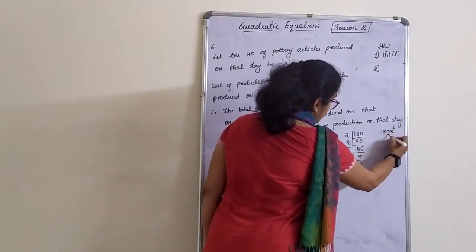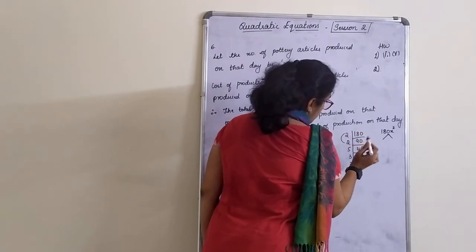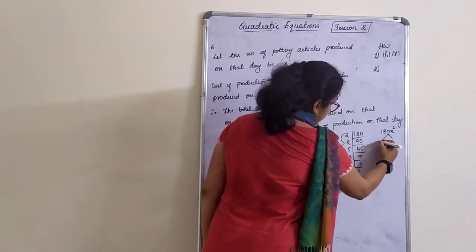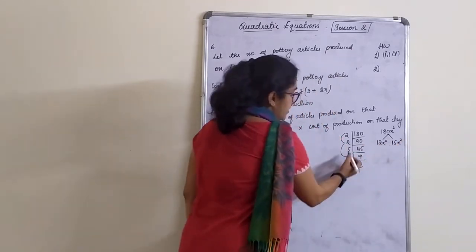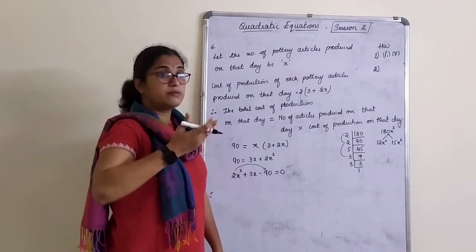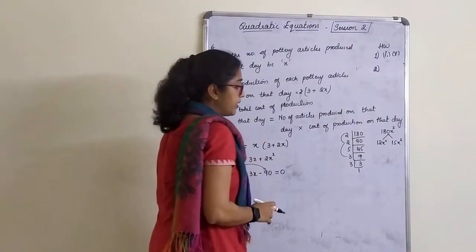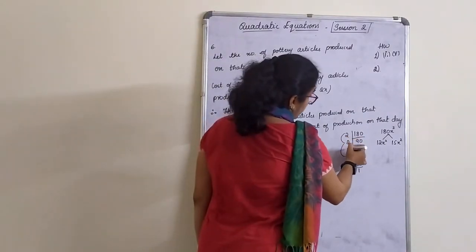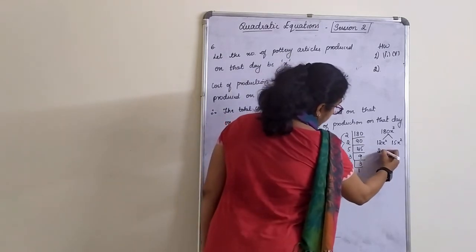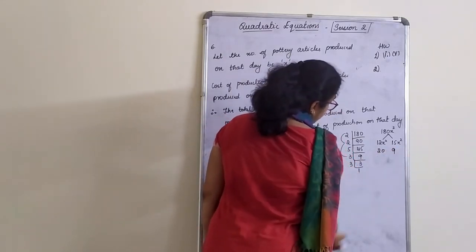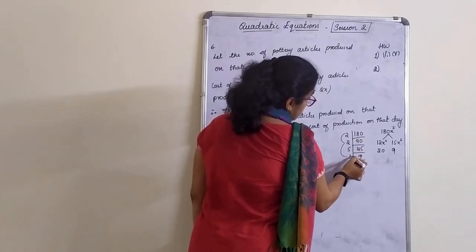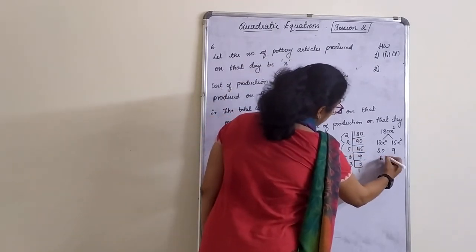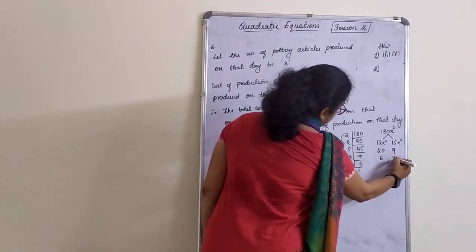180x square. So 2 2s are 4, 4 3s are 12. I'll take one factor here. Then 5 3s are 15. Right? We need to see that all the numbers we just mix and match and multiply. This is one factor. Then 2 2s are 4, 4 5s is 20, 20 into 9. Or 2 3s are 6. Anything can be given. 5 2s are 10, 10 3s are 30.